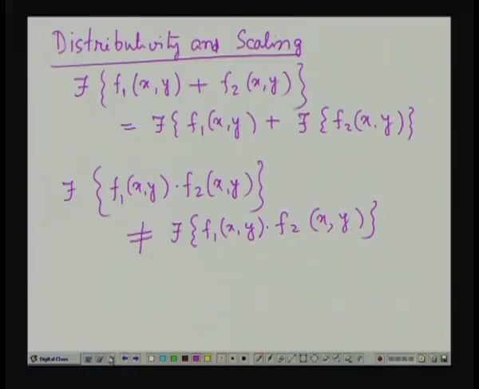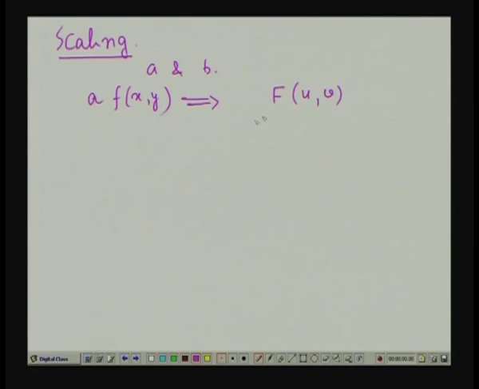The next property of the discrete Fourier transform that we will talk about is the scaling property. The scaling property says that if we have two scalar quantities a and b, and given a signal f x y, we multiply this by the scalar quantity a, its corresponding Fourier transformation will be F u v multiplied by the same scalar quantity a, and the inverse is also true.